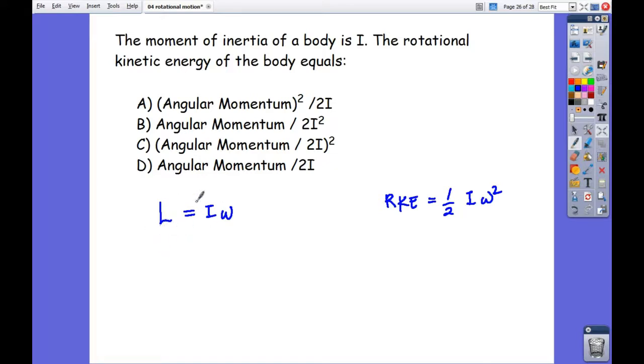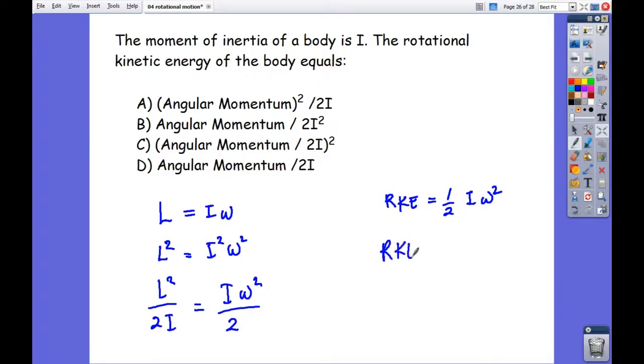If we square angular momentum, we have I squared omega squared. If we divide by 2I, we have I omega squared over 2. So this is the same as rotational kinetic energy. So rotational kinetic energy can be written as L squared over 2I, where L is angular momentum.